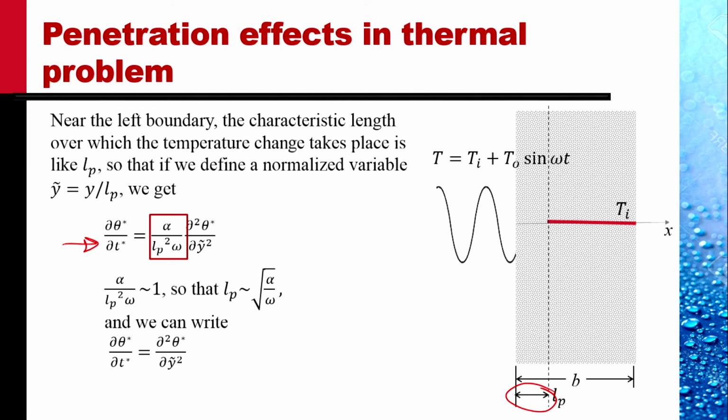And if the two terms should be of the same order, then alpha Lp square by omega should be of order 1, so that the thickness of this layer is like under root alpha divided by omega. And we can write delta theta star by delta t star is equal to del square theta star by del y tilde square.